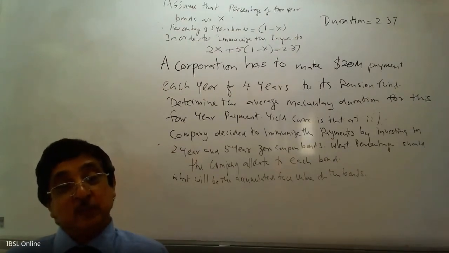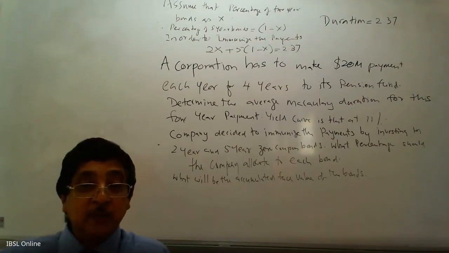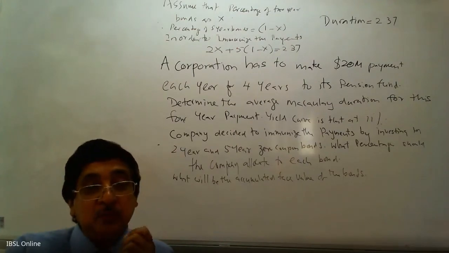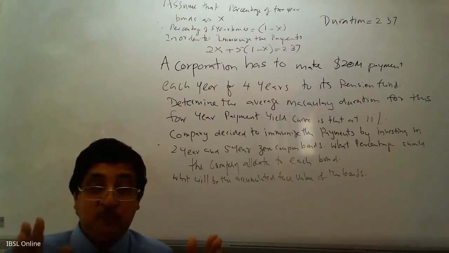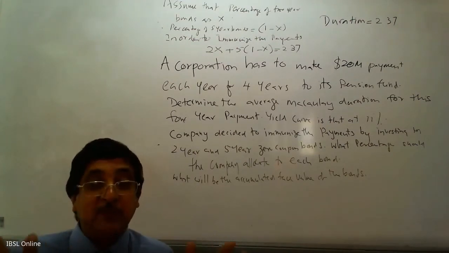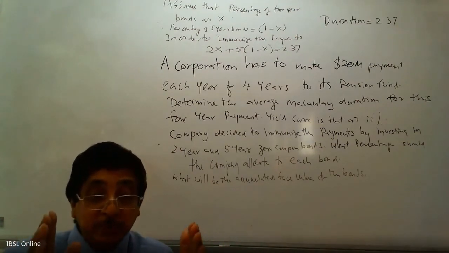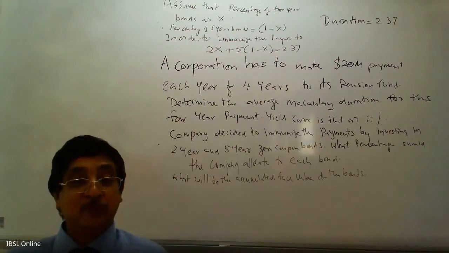So that is 62.04. So what is the market value of 2-year bonds then? 0.88 into 62.04. That is the present value, because the 2-year bonds contribute 88% to the portfolio.